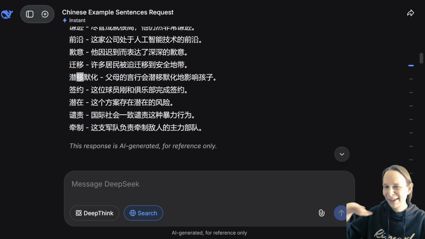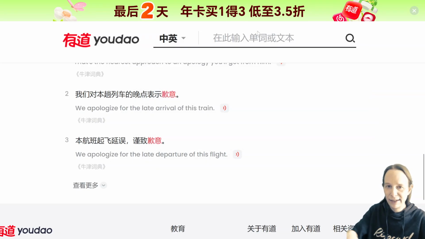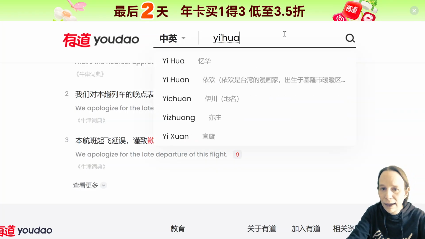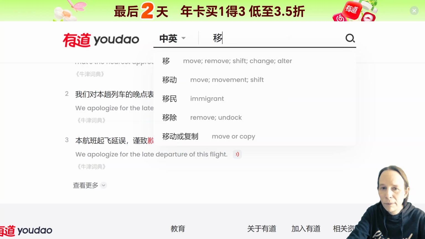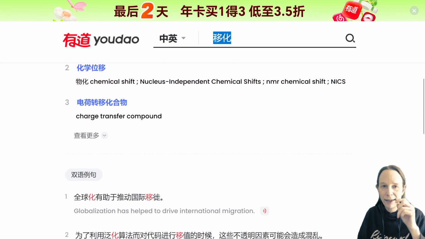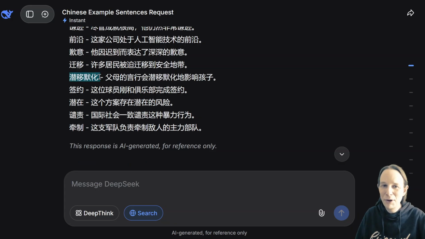Yi is kind of drift or change, I guess. Mo is silent. Hua is change. Is yi hua a word? I don't think it is, but I'll just put it in here. Hua. No, I don't think it's a word. But yeah, there's this kind of gradual unspoken change happening.